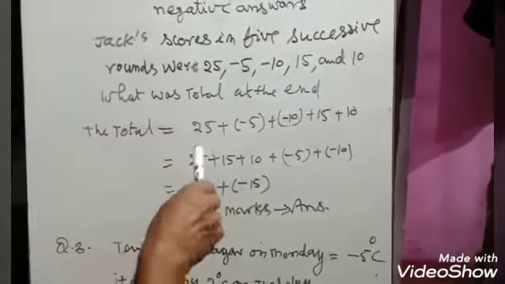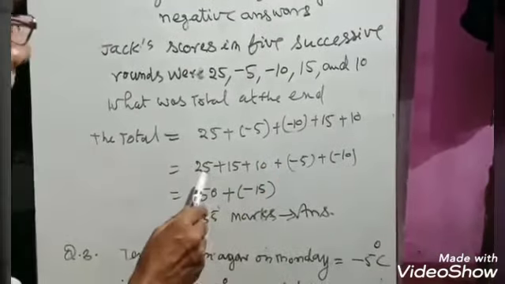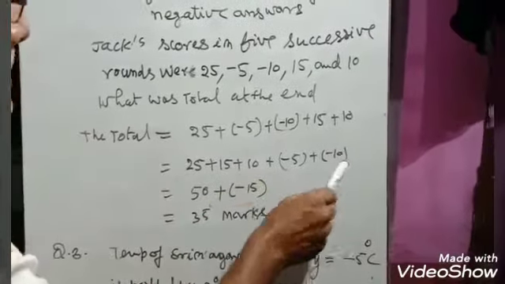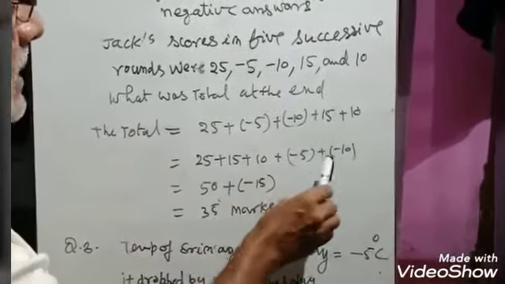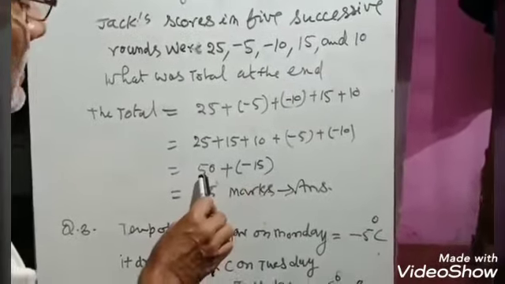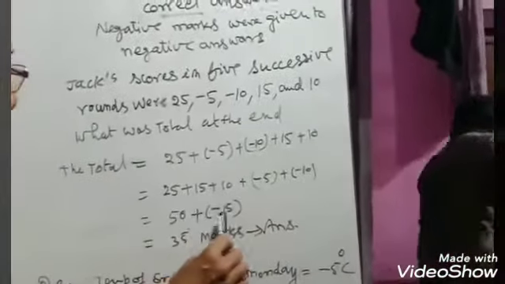So taking the positive signs together, we find 25 plus 15 plus 10, and the negative signs together, -5 plus -10. This total plus value is 50 and this total minus value is -15.